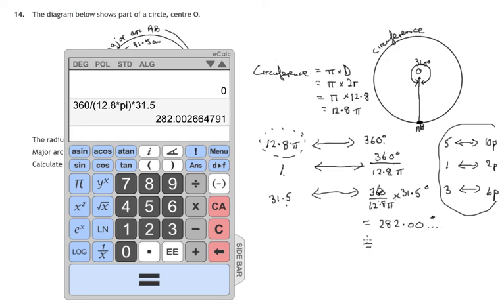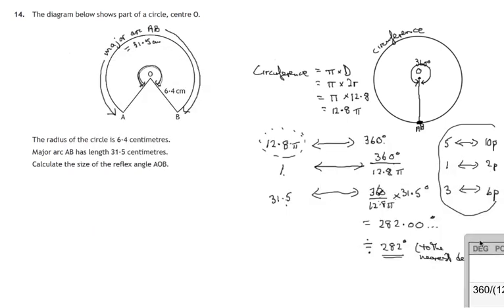Now that will get approximated to 282 degrees, and that's to the nearest degree. So that's the size of reflex angle AOB.